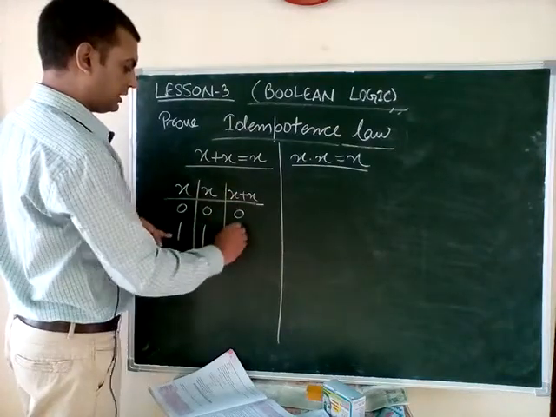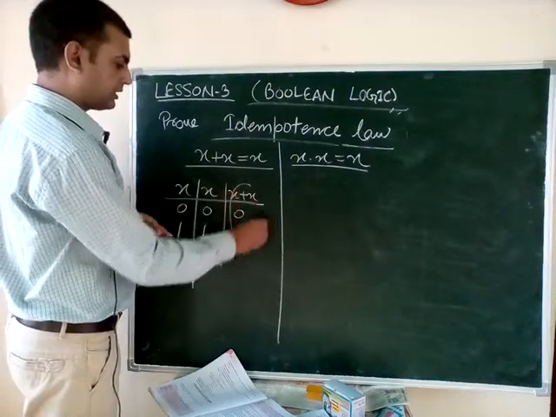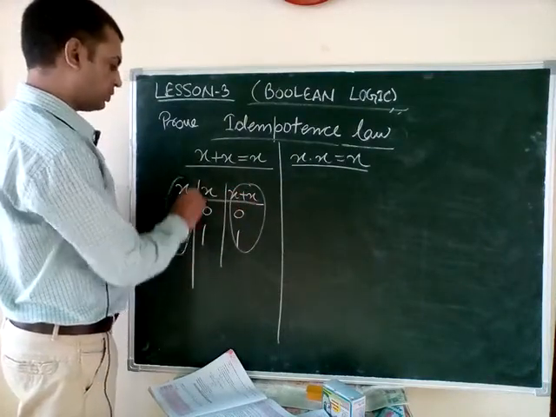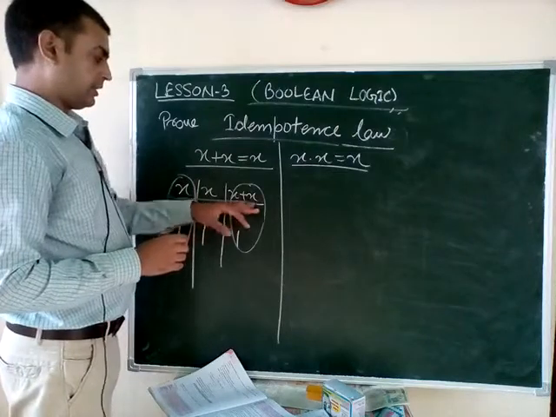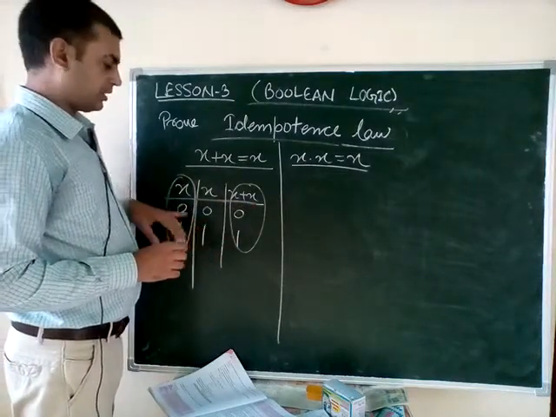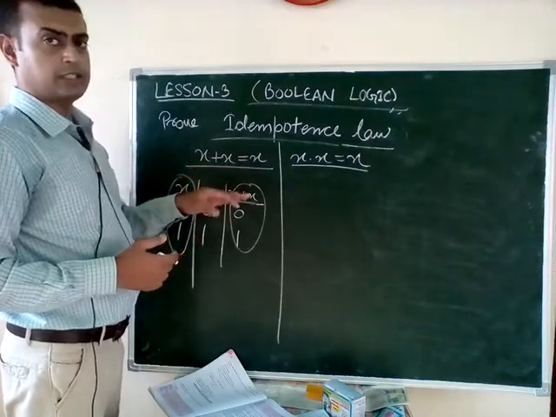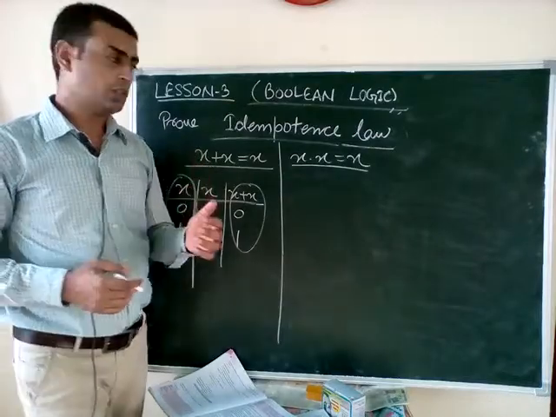So it is 0, it is 1. So x plus x is also equal to x only. This is also 0 1, this is also 0 1. That's why we are saying x plus x is equal to x. This is the first idempotence law.